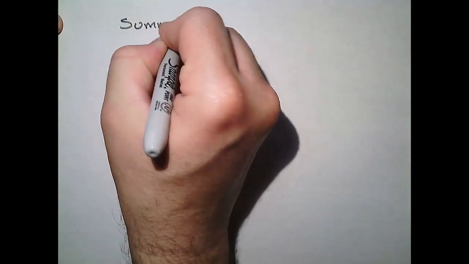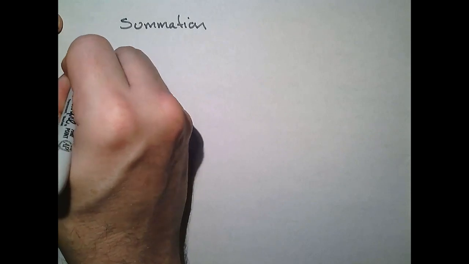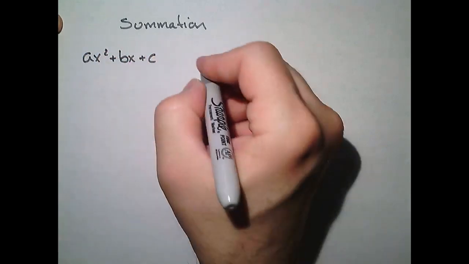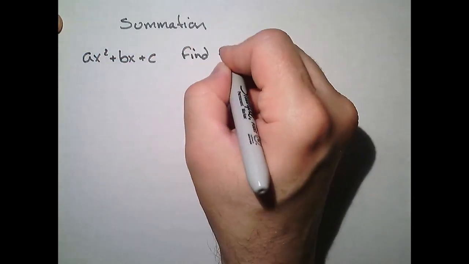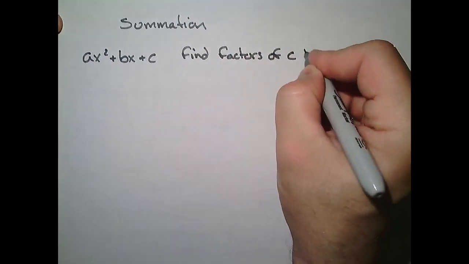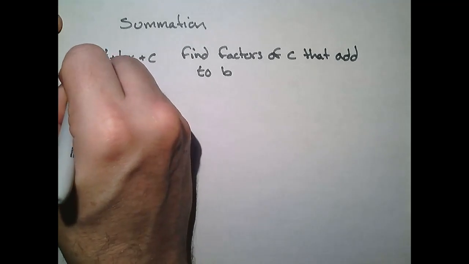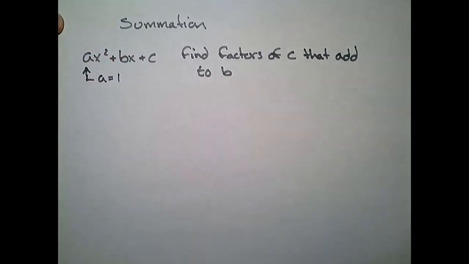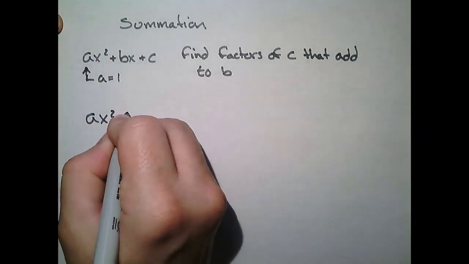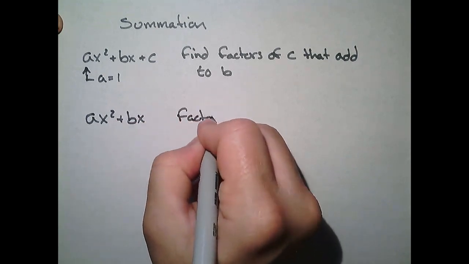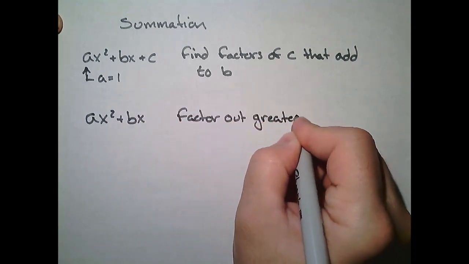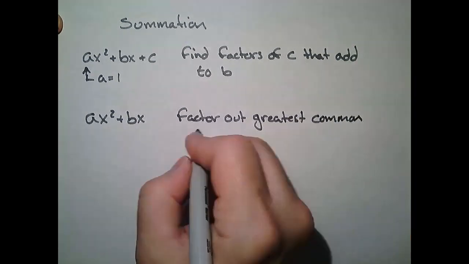Okay, so in summation, when we're factoring our quadratics, when we have a standard form, ax squared plus bx plus c, we're going to find the factors of c that add to b. And this is when a equals 1. Next, if we have ax squared plus bx, then we're going to factor out the greatest common factor from each of them.